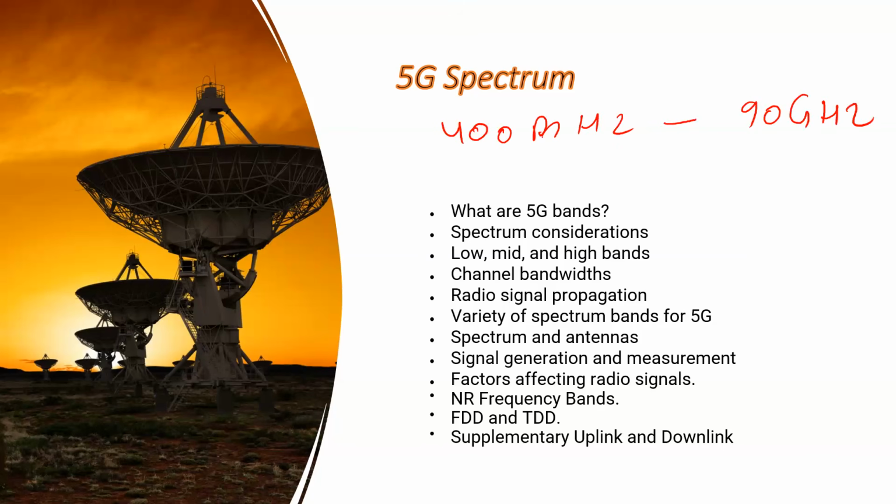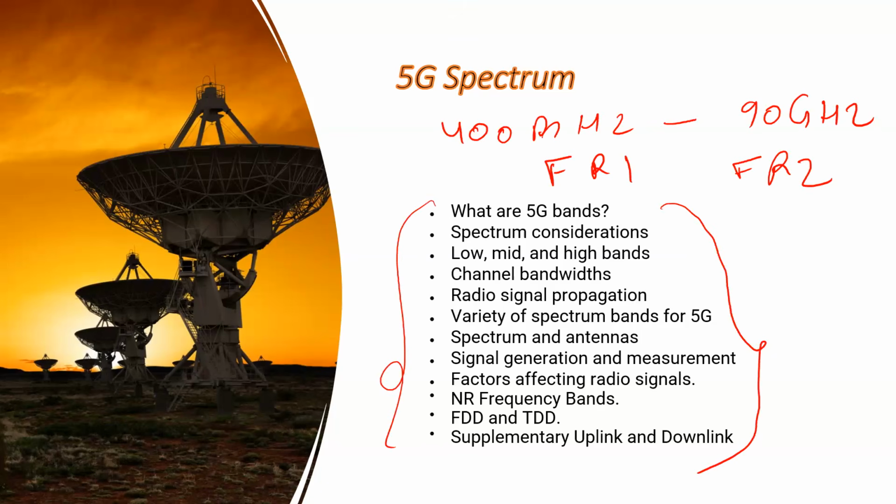And here is the concept of FR1 and FR2 in case of 5G. This is a major plus point for 5G as compared to previous technologies, which had limited spectrum options. So in this part, we'll discuss the different spectrum options for 5G, their characteristics for 5G deployment, and many other new concepts, and all these concepts are here.